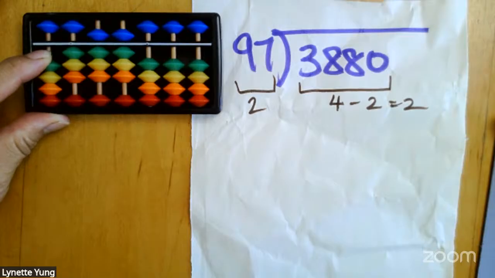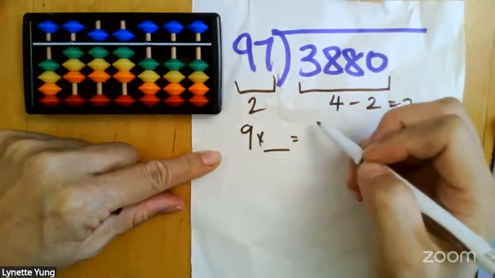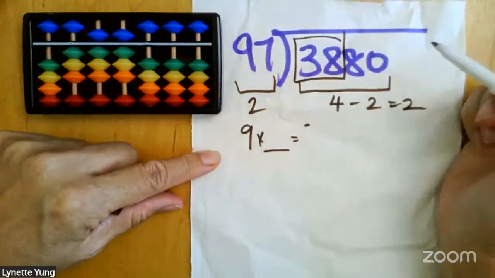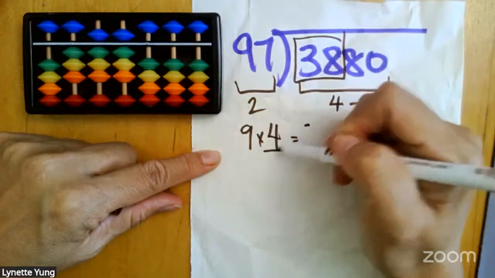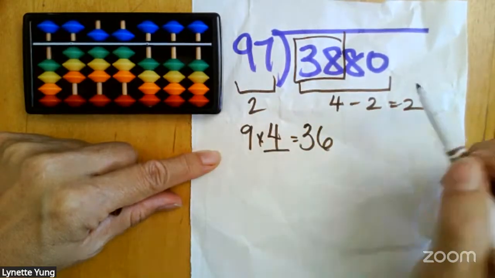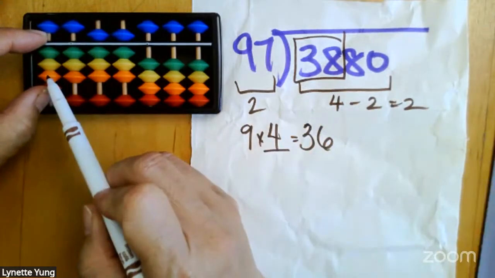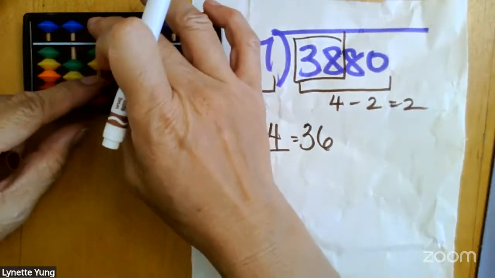Okay. So now we want to look at it and see what times 9 is going to give us 38 or less. I vote for 4, because 4 will give us 36. Take away 30, take away 6.